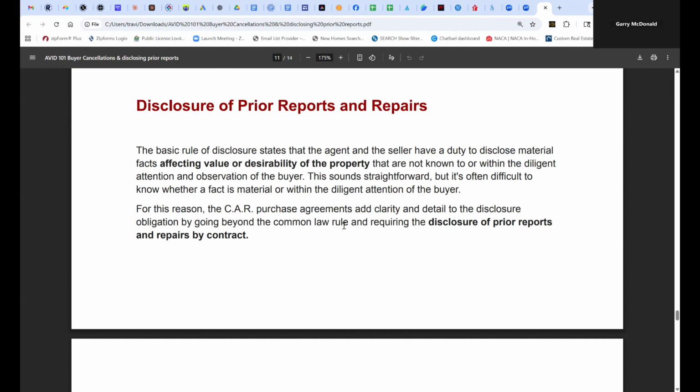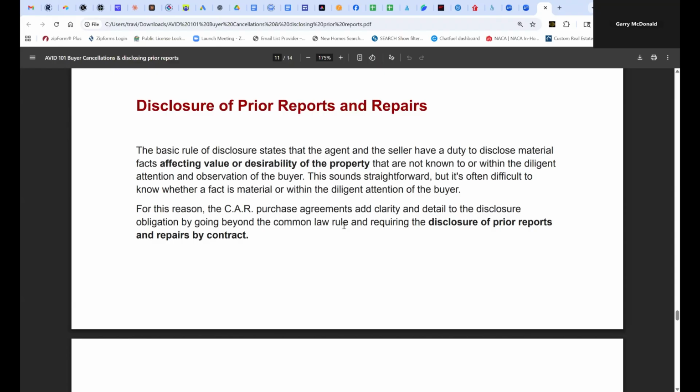The basic rule of disclosure states that the agent and the seller have the duty to disclose material facts affecting the value or desirability of the property that are not known to or within the diligent attention and observation of the buyer. This sounds straightforward, but it's often difficult to know whether a fact is material or within the diligent attention of the buyer.